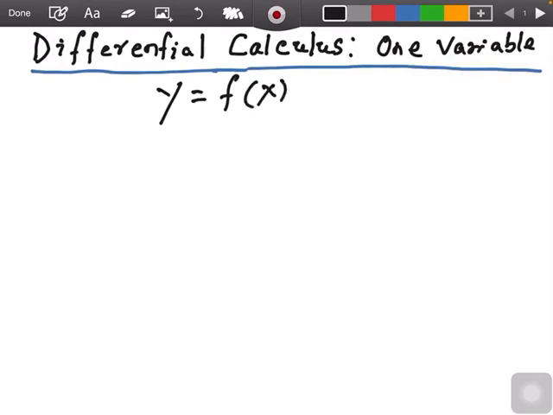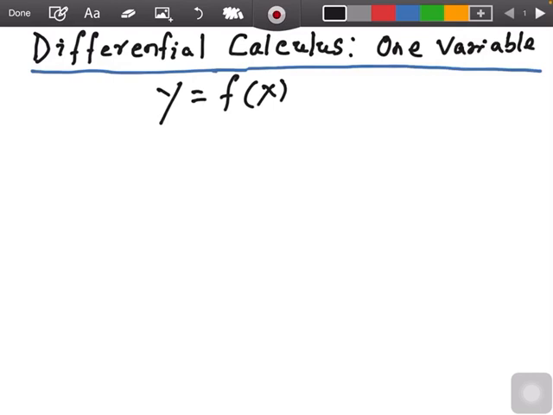Here you see y is a function of x. x is your independent variable and y is your dependent variable. So in case of derivative, we want to measure what is the change in y with respect to the change in x.